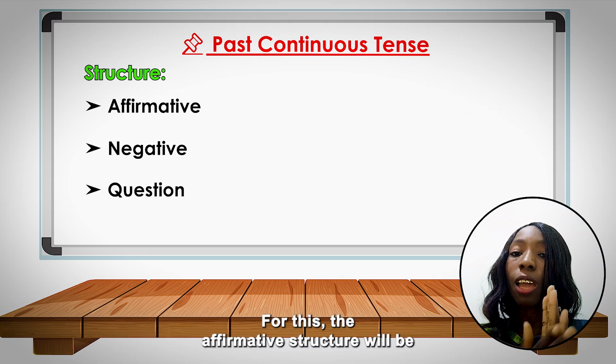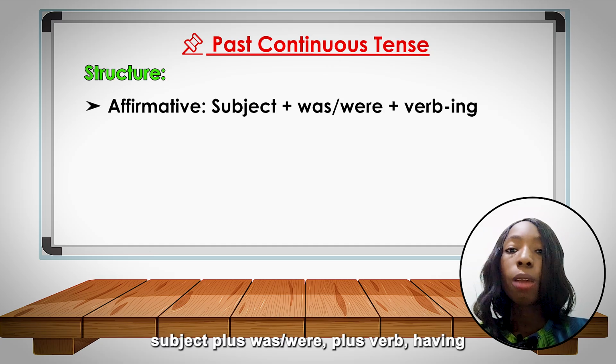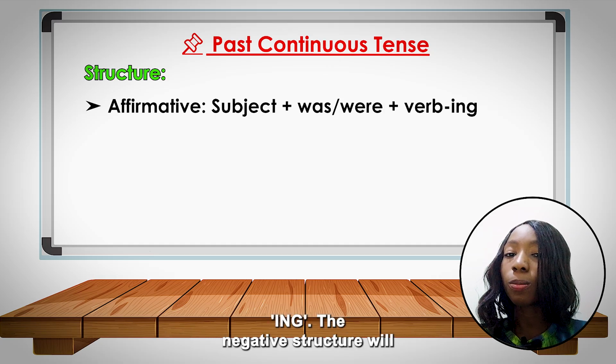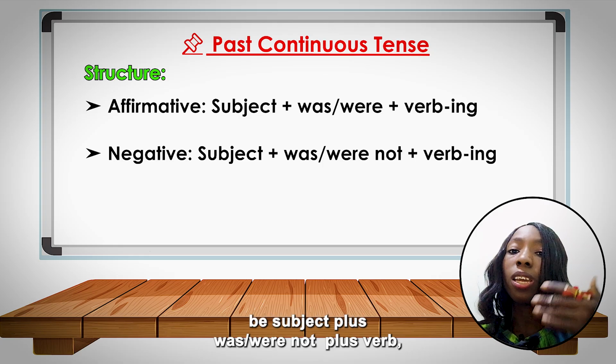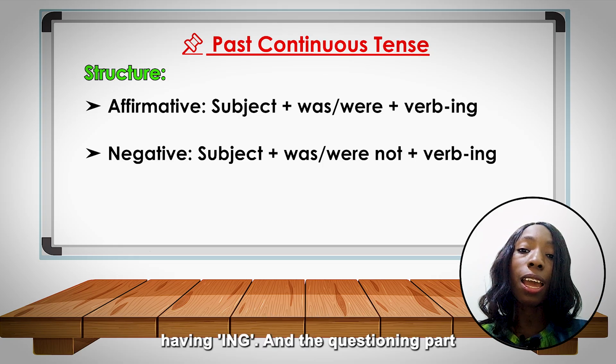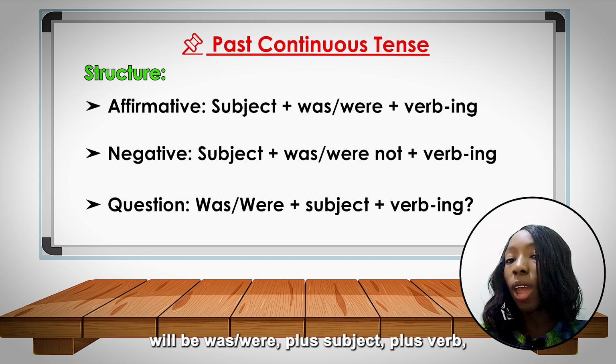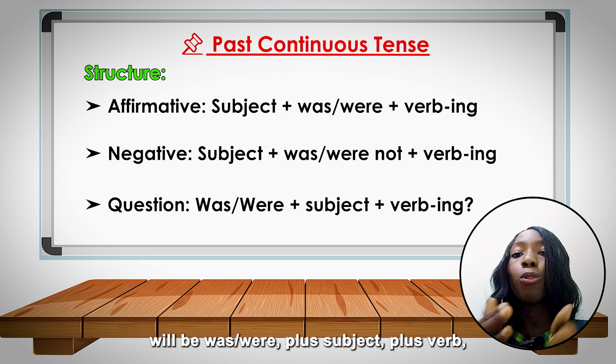For this, the affirmative structure will be subject plus was or were plus verb having ing. The negative structure will be subject plus was or were not plus verb having ing. And the questioning part will be was or were plus subject plus verb ing.